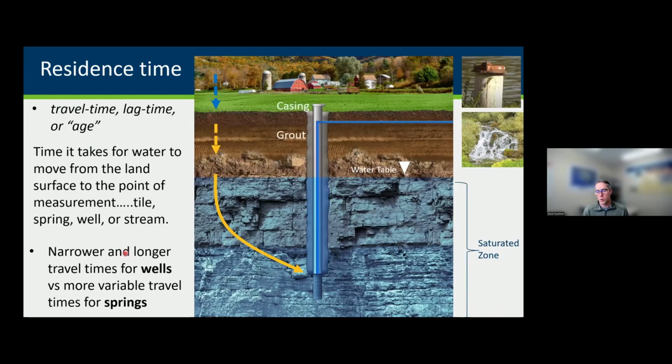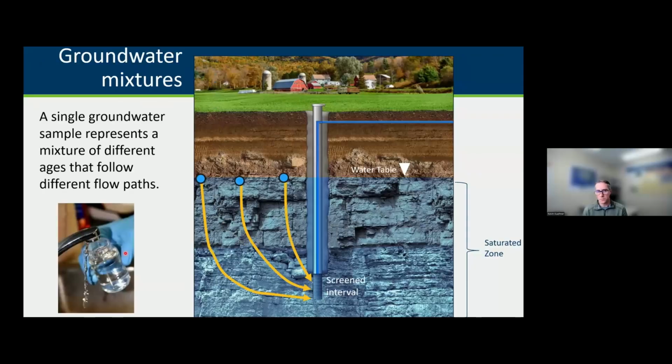The reason for that, of course, is that when we construct new wells, we intentionally design them with casing and grout to try to minimize the younger water component that may be coming to that well. And of course, the screening interval and other variables are key factors as well in determining that age or residence time. But essentially, what this all means is that a single groundwater sample that we may collect, whether from a spring, a well, or a stream, really represents multiple different flow paths traveling at different speeds.